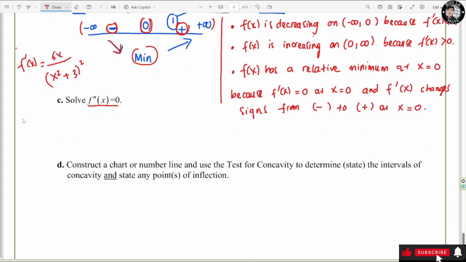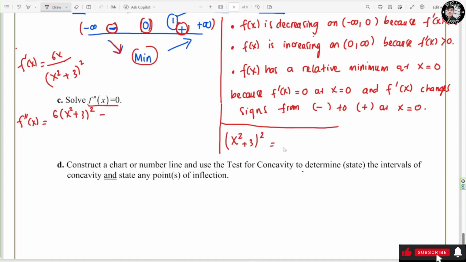So we have f double prime of s equals. Again, we're going to use the quotient rule, right? So u prime is going to be 6 times (s squared plus 3) altogether squared minus the derivative of this one. We're going to use the power rule, right?